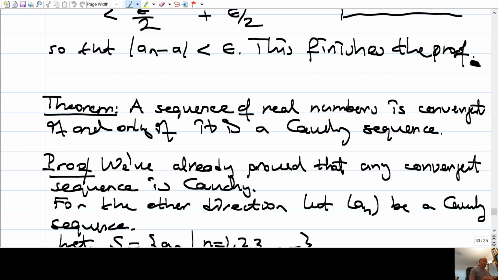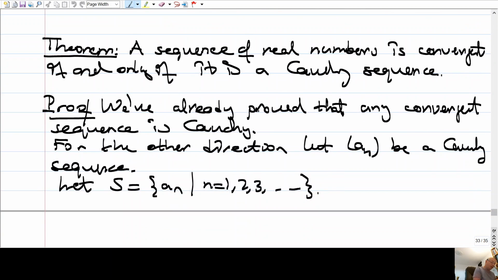All right, let's start today's lecture. So last time we were discussing this theorem, which shows that for sequences in the real number system, being convergent and being Cauchy are equivalent statements. A sequence of real numbers is convergent if and only if it is Cauchy.